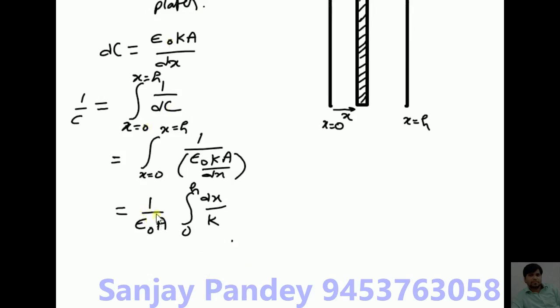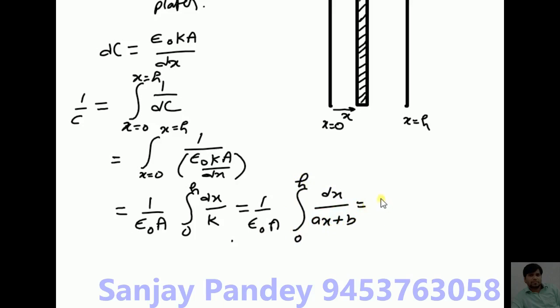It will be equal to 1 upon epsilon naught A, integration limit is 0 to h, dx upon K. This value will be equal to 1 upon epsilon naught A, integration of dx upon value of K, which is ax plus b. Here lower limit is 0, upper limit is h.